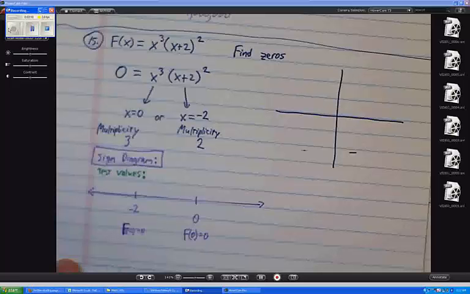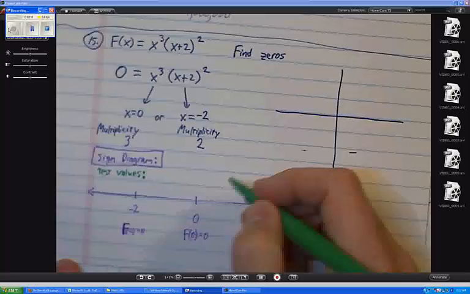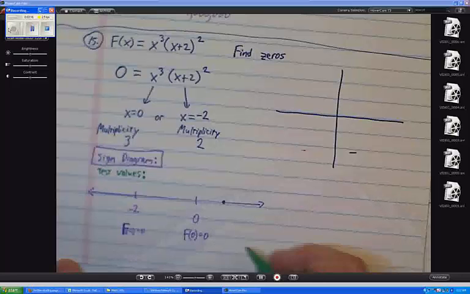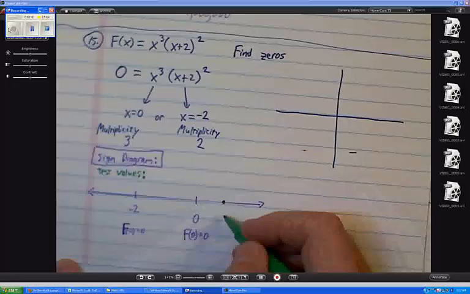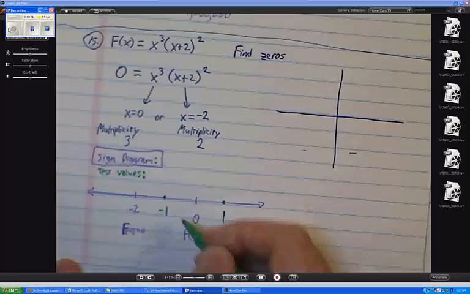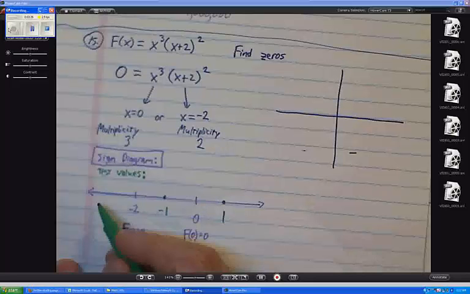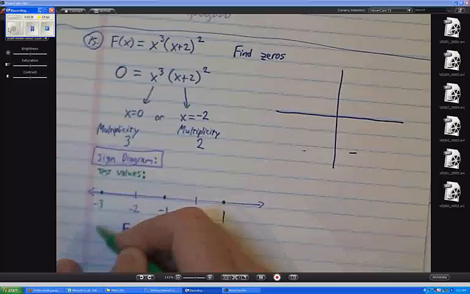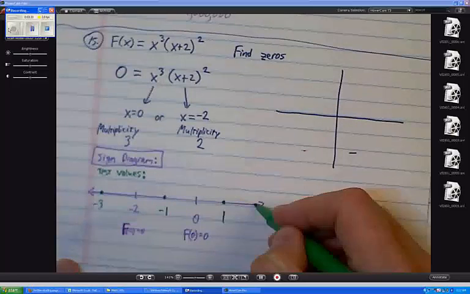How about we pick, give me a number over here somewhere. 1 or 3 is fine. I like small numbers, so I'll use 1. And then here I'll use -1. And here I'll use what? -3? Okay. I guess I could have used 3. I'll do that one too, just to show you guys what's going on.